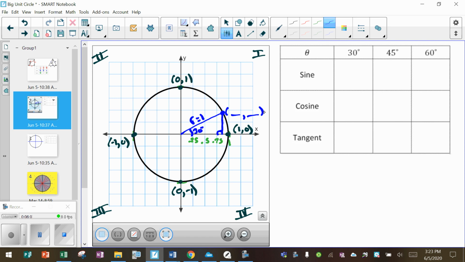So we can use trig to find the x and the y, because the length of the side adjacent to the 30-degree angle would be the distance along the x-axis.